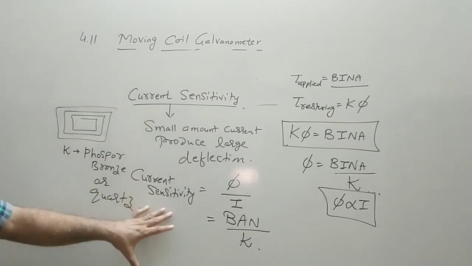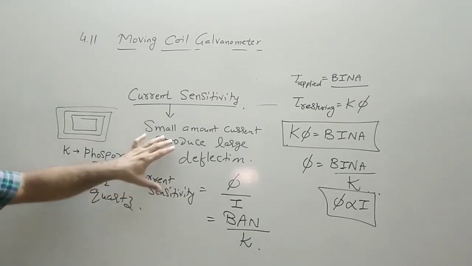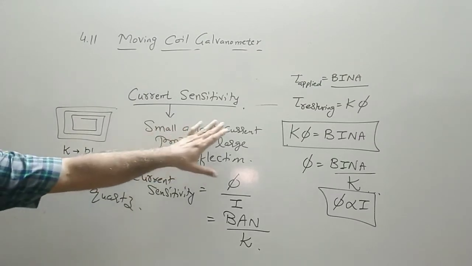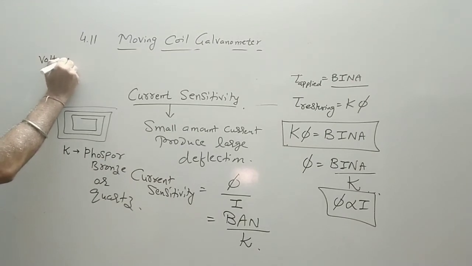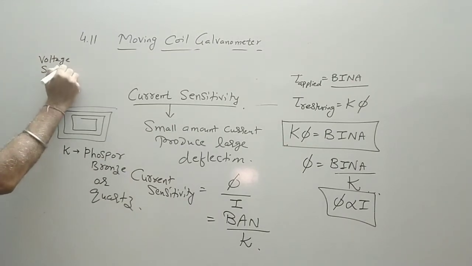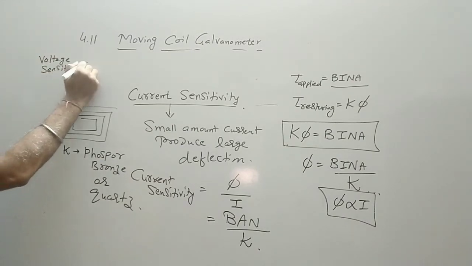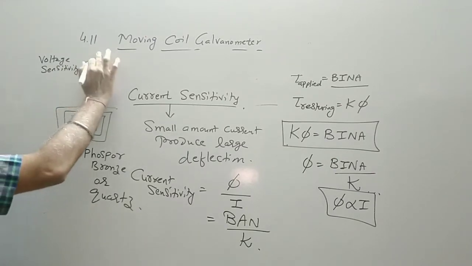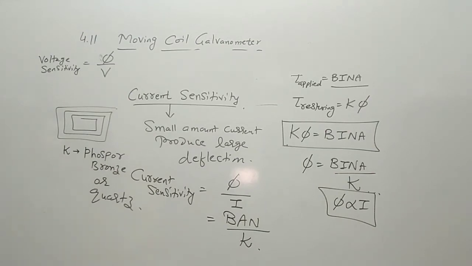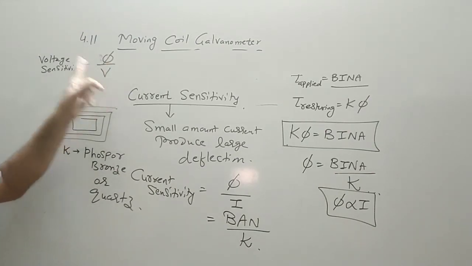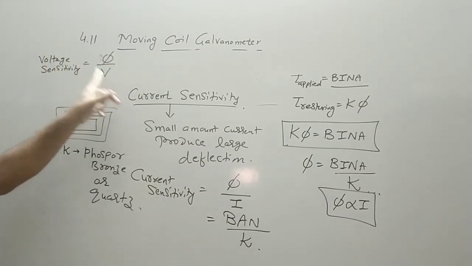So for calibration, we use this concept that we pass a small amount of current and it should produce a large deflection. Now if we know the current sensitivity, we can easily find out the voltage sensitivity. Now what is voltage sensitivity? Voltage sensitivity will be equal to phi upon V, that is deflection per unit voltage.